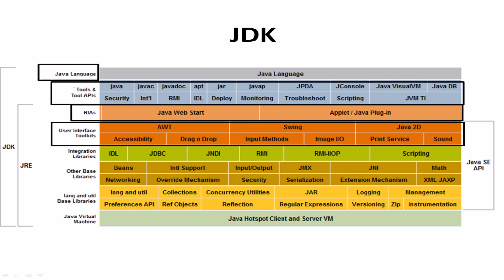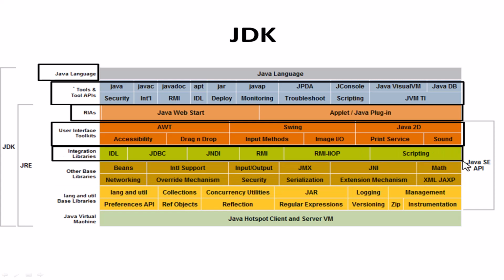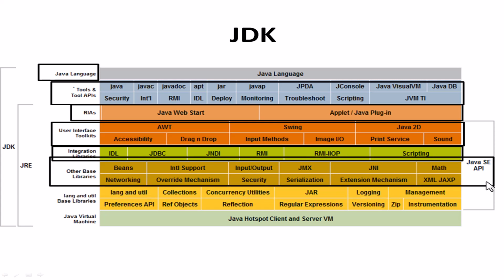Next, integration libraries: IDL, JDBC, JNDI, RMI, RMI-IIOP, scripting. Other base libraries like Beans, INTL support, input output, JMX, JNI, math, networking, override mechanism, security, serialization, extension mechanism, and XML, JAXP.